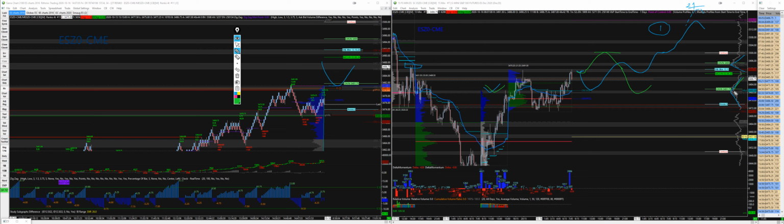In the composite high volume node. 81.75. Continue lower. Take out the overnight low. Bounce a little and then attack the value area and the previous VPOC. Scenario 2.